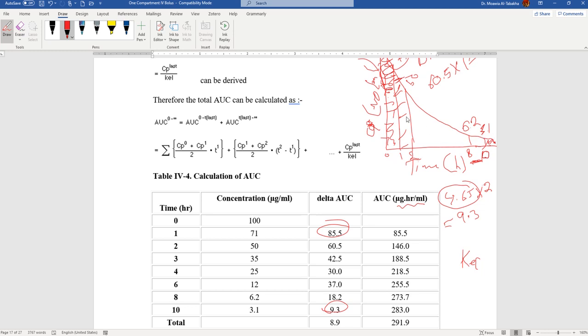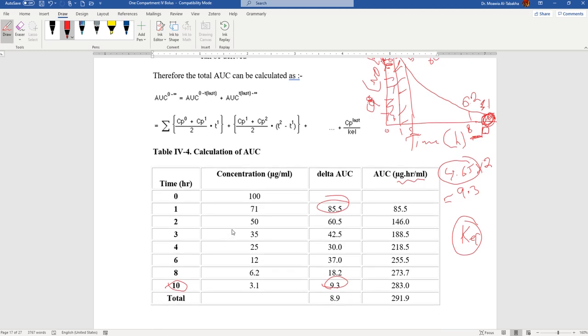Anyway, if you find your KEL by doing that, or if it is given to you, then how do you calculate this last area after 10 hours? Because theoretically the concentration will never reach 0. So how do you do that?